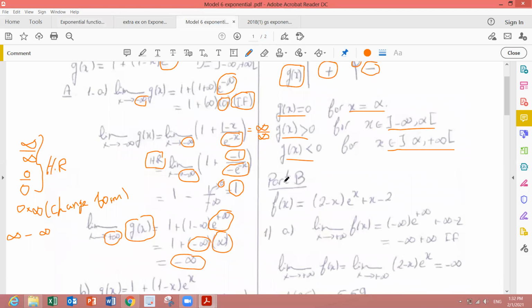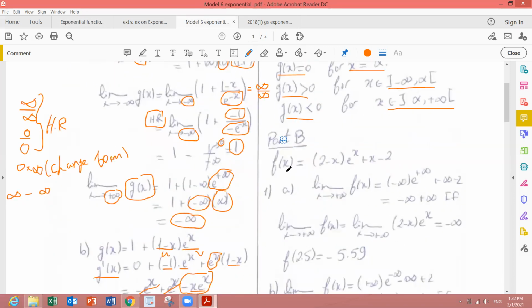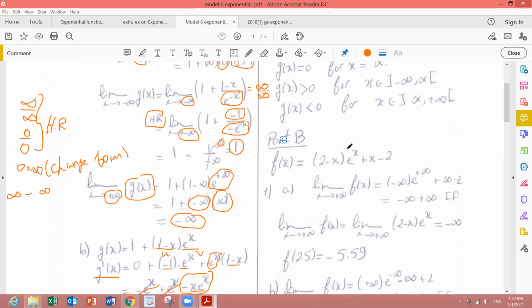So part B, we have the limit as x tends to plus infinity. We replace each x by plus infinity. It will become 2 minus infinity is minus infinity, e to the power plus infinity, minus 2. Just replacing x by infinity.